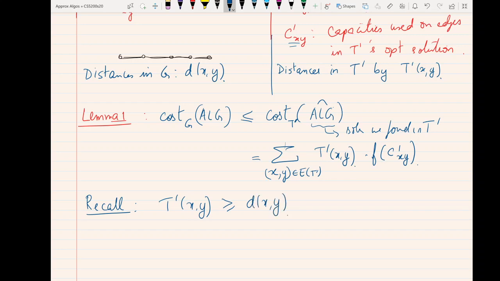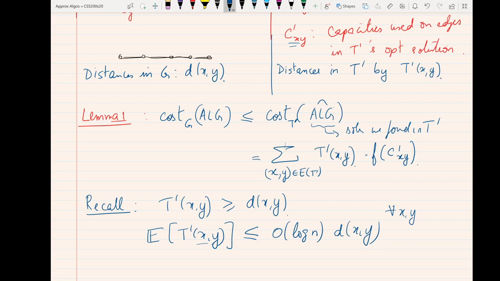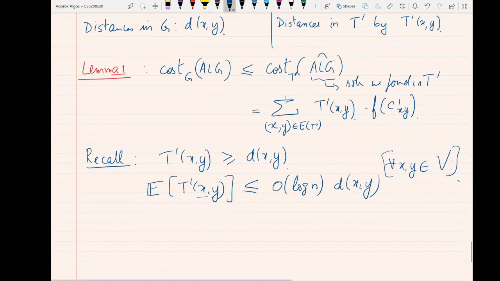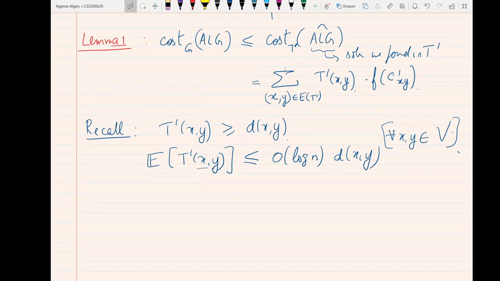And when I said you find a T prime that is close to the distance, what I meant is that in expectation, since T prime is going to be random, the expected value of T prime of xy is less than or equal to order log n times D of xy, and this can be any UV. Okay. So keep this in mind, and using this, how do we prove the lemma?